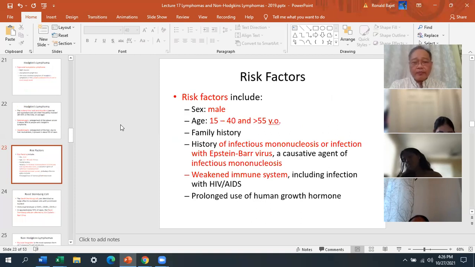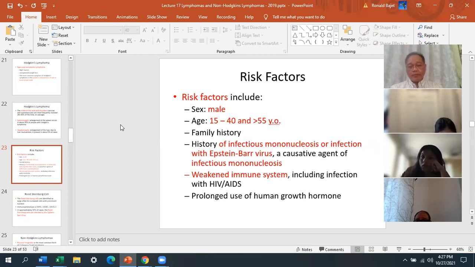Risk factors. Males will get it more than females, and the age groups, you'll get it, like I said, at 2 times during your lifetime. The first peak is between 15 to 35 or 15 to 40, and then later on after 55 years of age. Family history is important too.